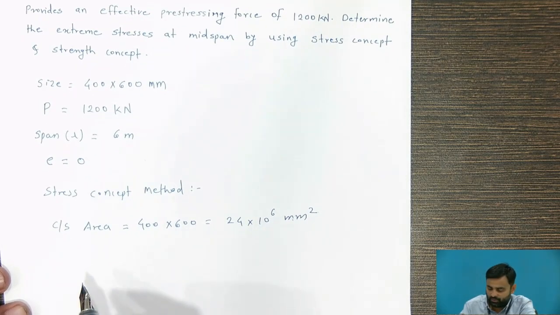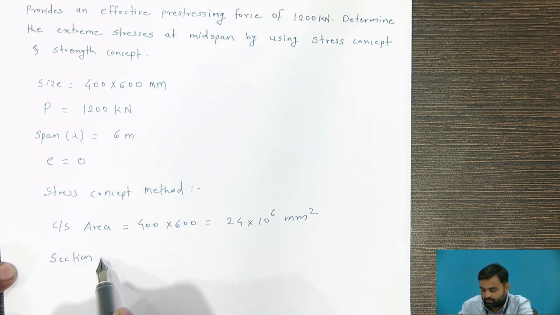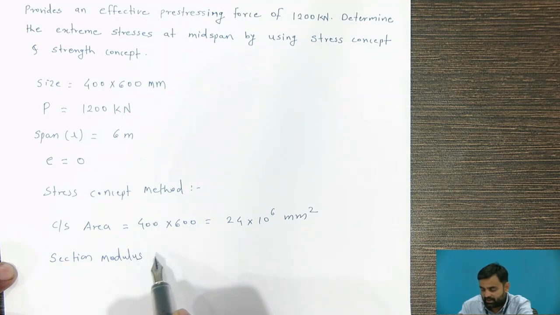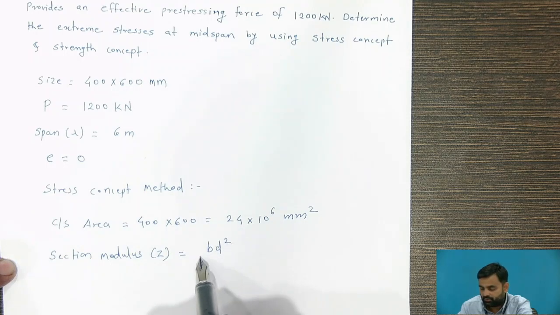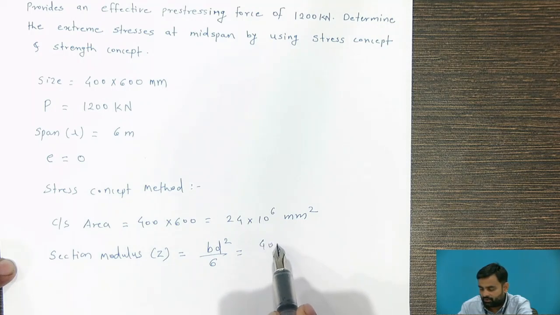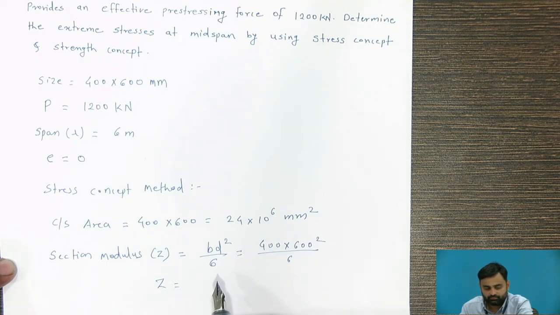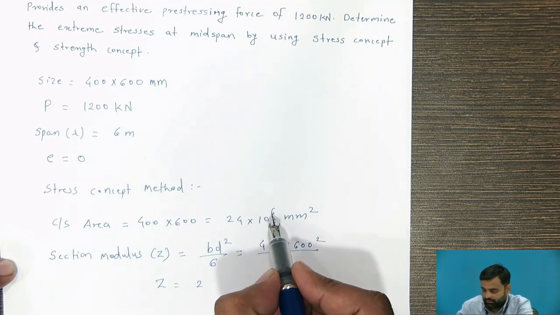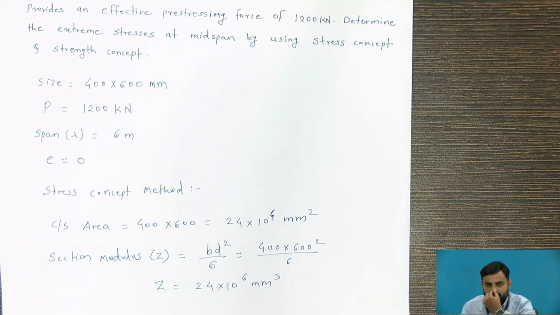After this we will calculate the section modulus Z. We know that for a rectangular section the section modulus is b d square by 6. So it can be calculated as 400 into 600 square by 6. So Z is equal to 24 into 10 raised to 6 mm cube. So this is the value of Z.